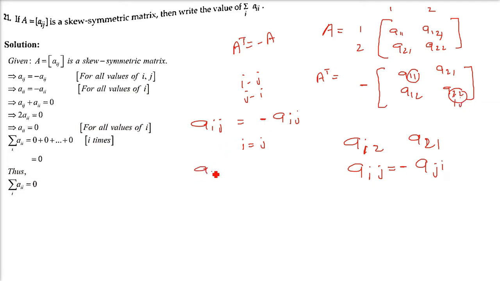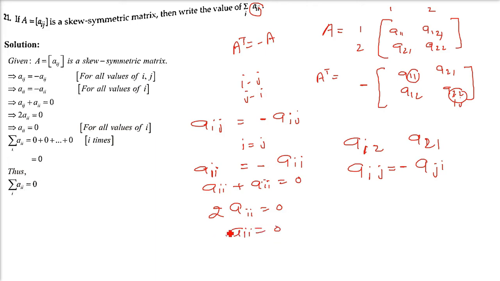When i and j are equal, that is A11, A22, it is Aii. So let us replace ij by ji: Aii on both sides, and it will be negative. Now take this negative to the left hand side. So Aii plus Aii is going to be 0. This is 2 Aii equals 0, that is nothing but Aii equals 0.